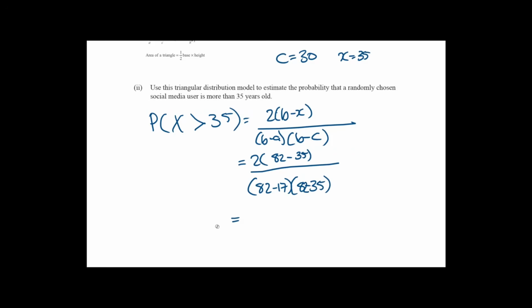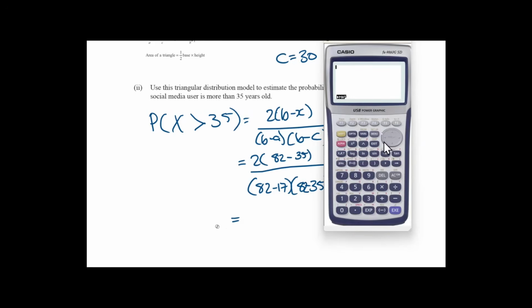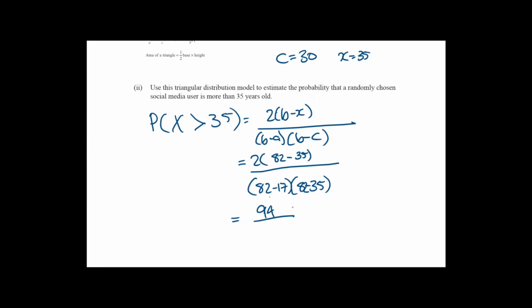Grab your calculator and crunch the numbers. So let's do the numerator first. So 82 minus 35 is 47, times 2 is 94. Then the denominator is going to be bigger.